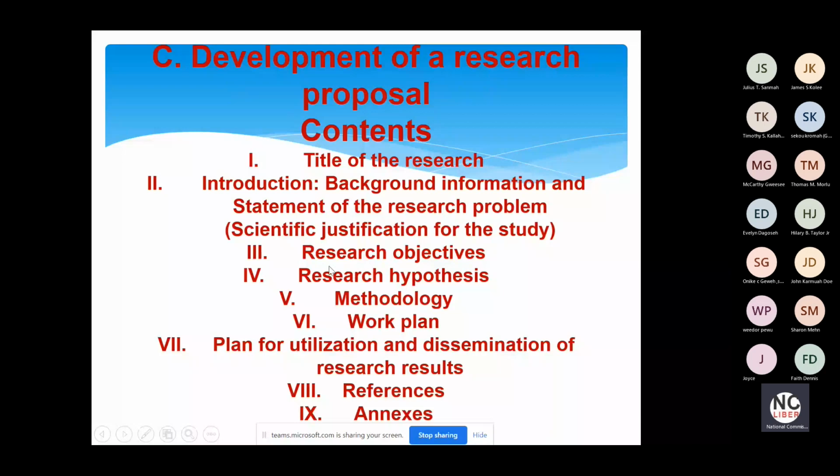We want the hypothesis of the research, the method, your work plan, how you're going to go about doing everything, the data collection, all the different things, and then how you are going to disseminate the results, and then references and annexes. These are the basic things that you will need. Basically, this is what you will need for the work you are about to do.